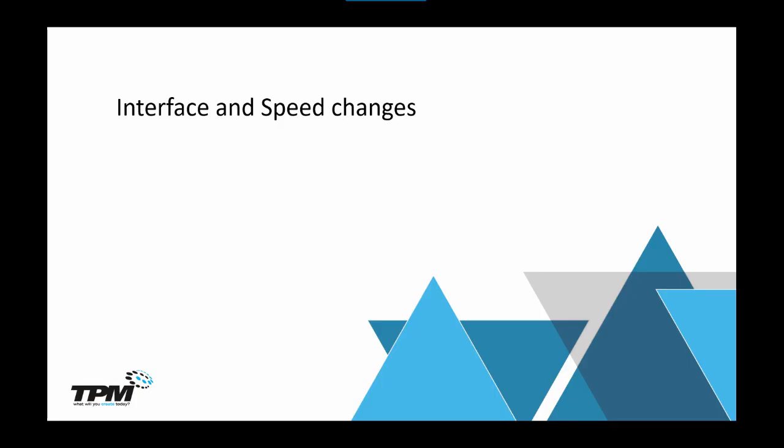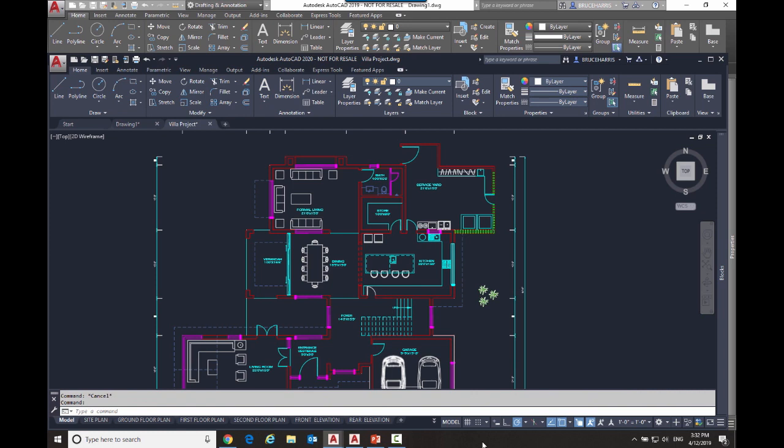Now the other differences we're going to talk about are some interface and some speed changes. Not huge differences, but things that I want to point out. Now over in AutoCAD, I've got 2019 up top, and below it I've got the current 2020. Now we're in the dark color theme, and as you can see, the background is set up for much better contrast than we had before, so the icons are much more visible.